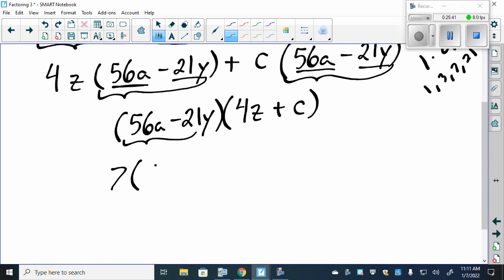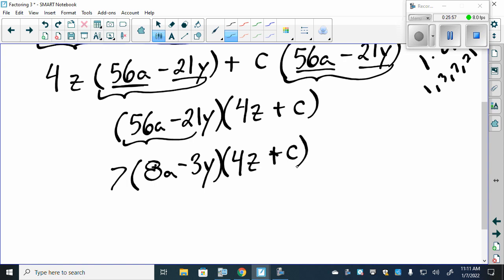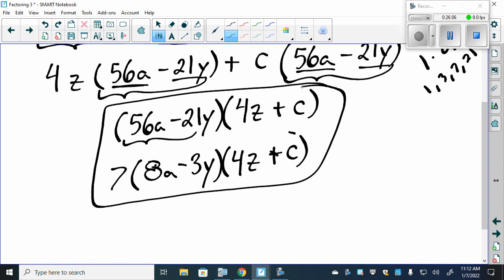No, 8. 8A minus 3Y times 4Z plus C. And then that would technically be factored completely. But I would take either one of these. We would just have to factor that 7 out later, because if we factored it out before with the C, the two sets of parentheses wouldn't match up anymore.